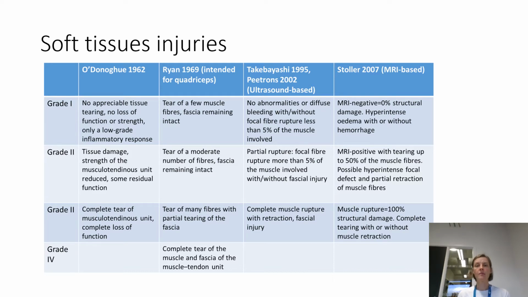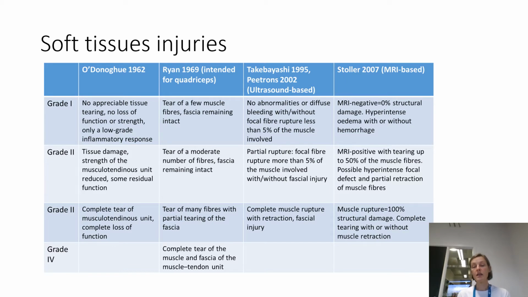But you get a low-grade inflammatory response, and there'll be no appreciable loss of function or strength particularly, although there might be a little bit of pain. In a grade 2, you've got more appreciable tissue damage, and because of the greater degree of damage, you get some functional problems occurring, some loss of strength, and maybe some functional activities are lost.